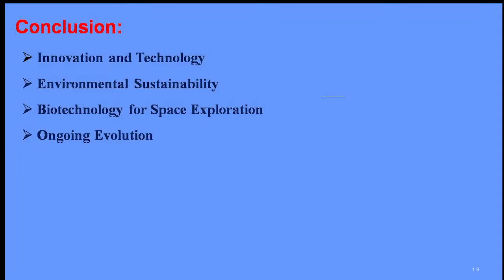Then, as far as ongoing evolution is concerned, fungal biotechnology continues to evolve with ongoing research, innovation, and diversification of applications, addressing global challenges and contributing to advancement in various industries. So, overall, fungal biotechnology plays a significant role in addressing the needs of society, from improving industrial processes to enhancing healthcare, agriculture, and environmental sustainability.